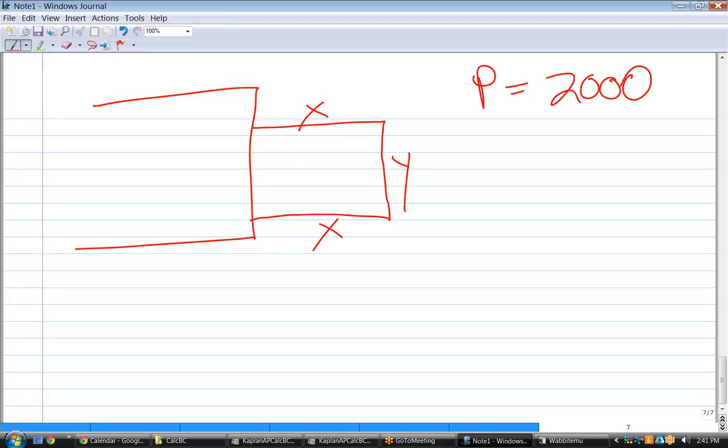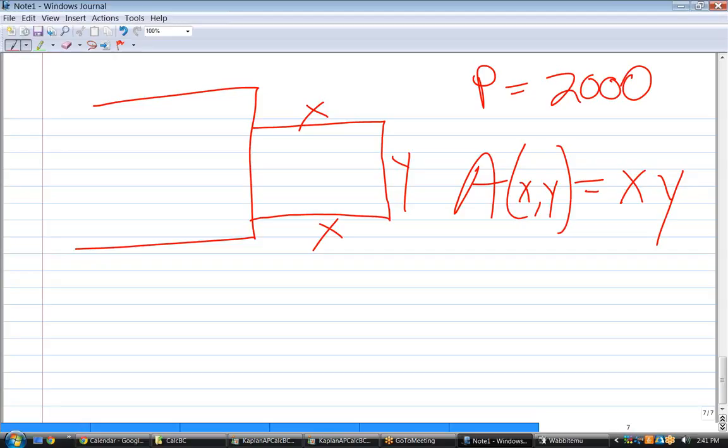Now, the way optimization problems are done is you start out with your primary formula, which you want to optimize. Since I want to optimize the area, I'm going to list my area function. At this point, my area function is a function of x and y, right? I can't maximize a function in 2 variables, at least not at this level of calculus.